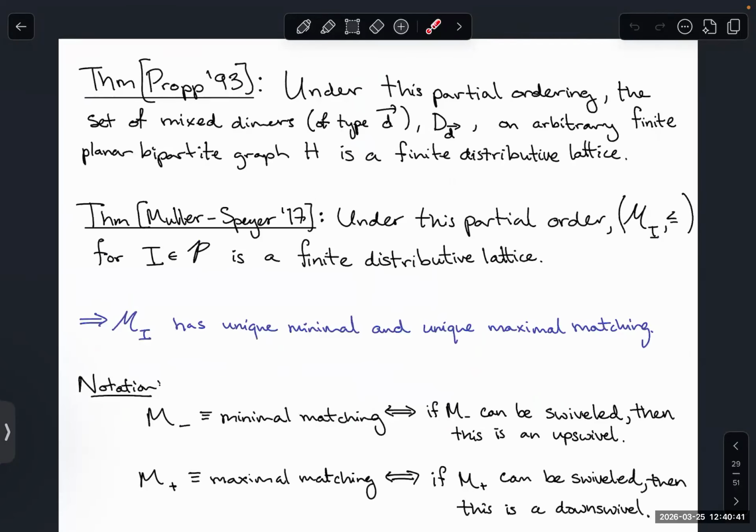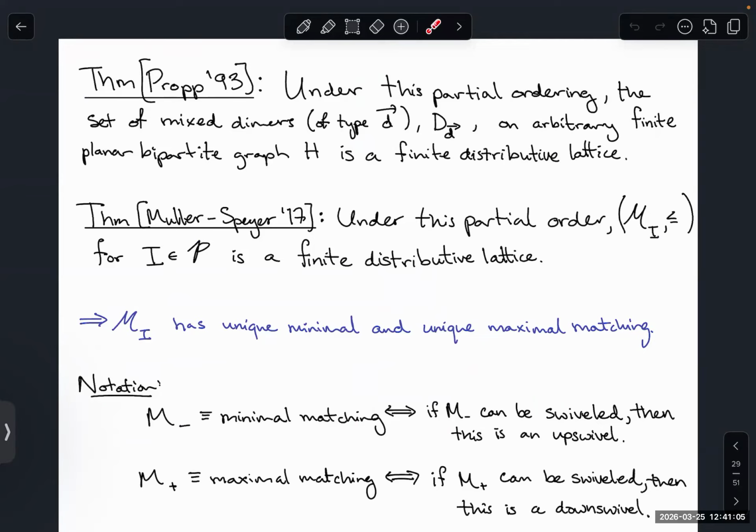So then to get to the statement of lattice structures, Propp says that under this partial ordering, the set of mixed dimers of type D, which is a little more general than what we're considering here, on arbitrary finite planar bipartite graphs H, forms a finite distributive lattice.